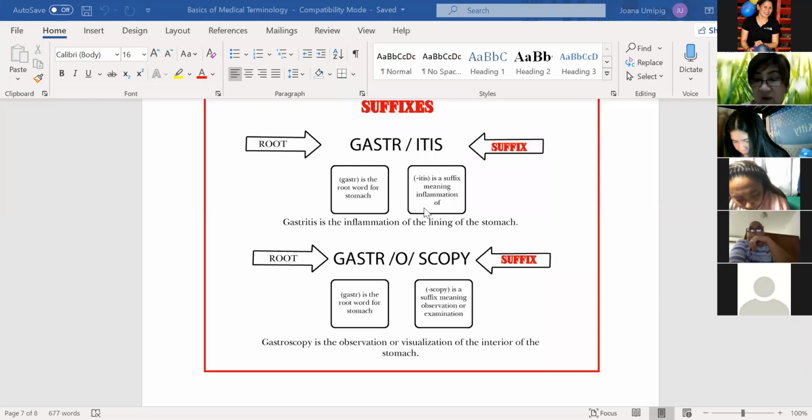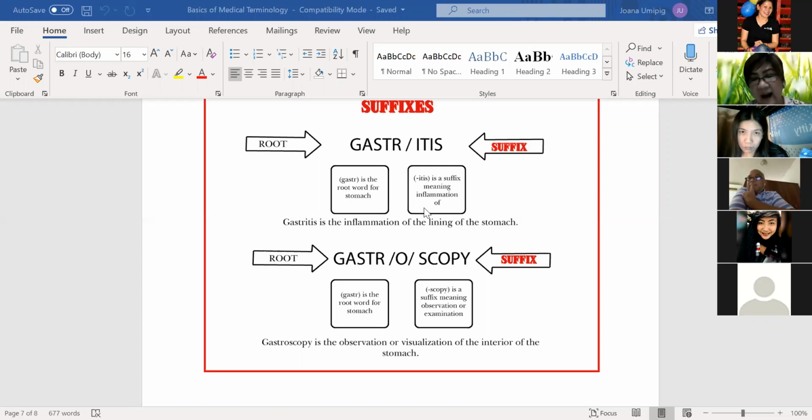Whenever you see or a doctor tells you that someone has gastritis or sinusitis, you know it already by the word itself. With the medical term, you will already know the meaning, even if you haven't looked up the definition. You know exactly that it pertains to infection or inflammation of the stomach.